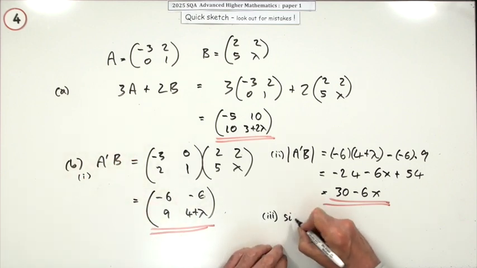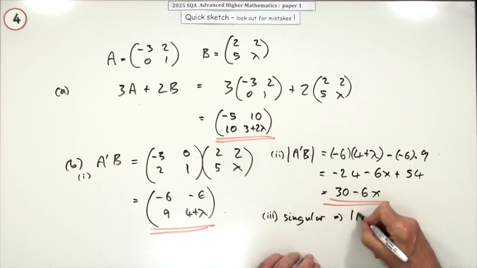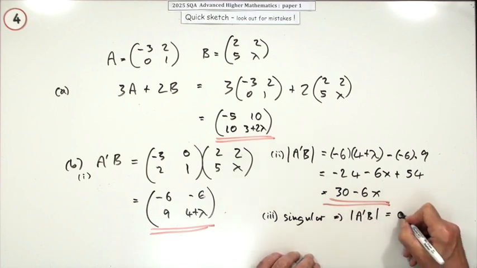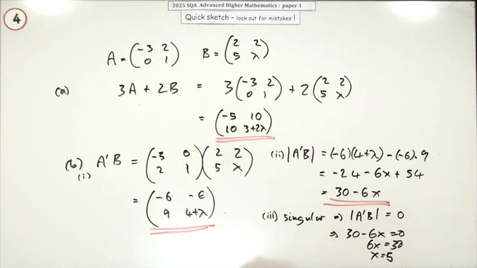So it's going to be singular if that determinant is equal to 0. If 30 minus 6x is equal to 0, so 6x is 30, so that would be x equals, divided by the 6, 5.